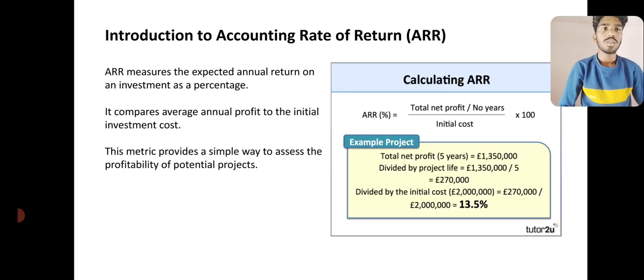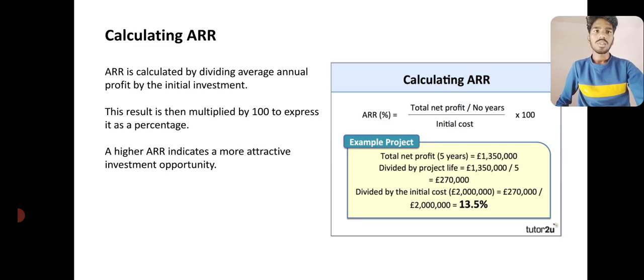Our next topic is accounting rate of return. It has the formula of total net profit divided by number of years, divided by the initial cost. I have already explained this, and calculating it is very similar.